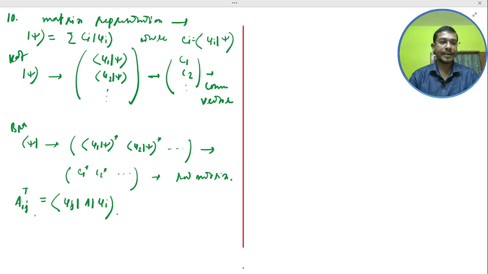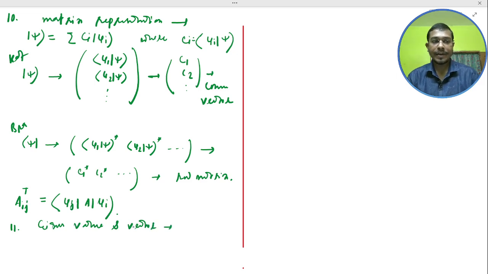Next, the eigenvalue and eigenvector. Number 11. Eigenvalue and eigenvectors. You are already familiar with this in your mathematics, matrix, nothing but the linear algebra. So if an operator is defined such that A acting on psi is equal to lambda psi, then lambda is said to be the eigenvalue.